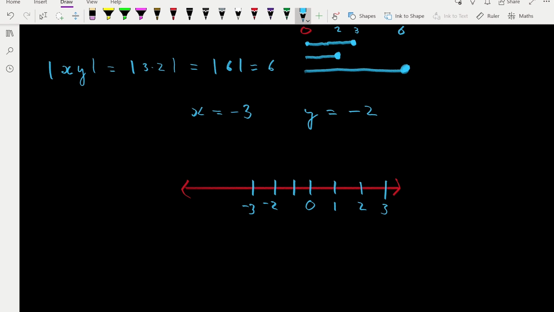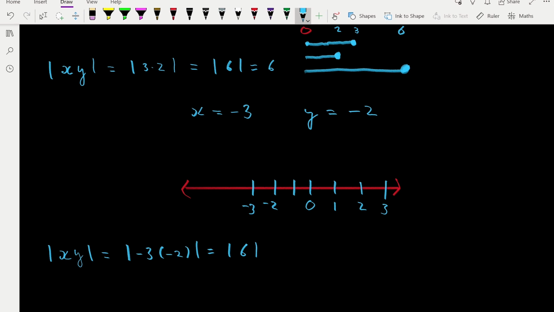So what would happen here is if we consider the absolute value of x times y, in this case, we would end up with -3 times -2. I know this is algebraic at the moment, but this would still give us 6.